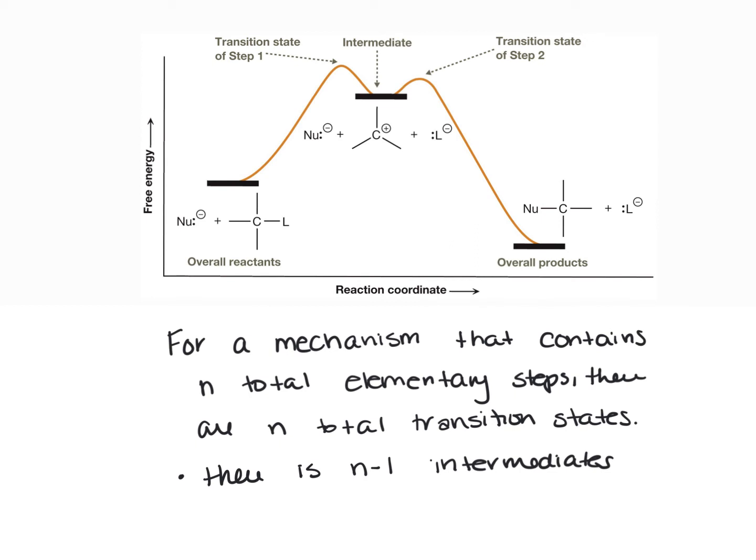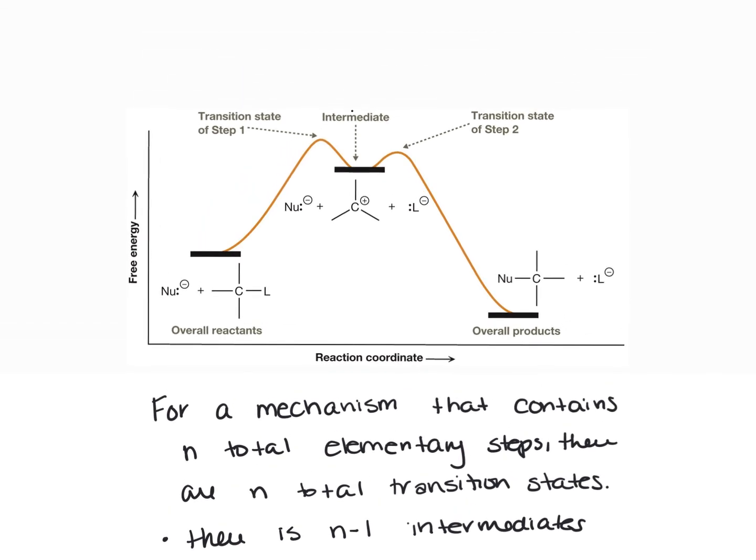Now, the free energy diagram for the SN1 reaction does show 2 noteworthy characteristics of the intermediate. I want you to notice the intermediate here is higher in energy. And higher in energy means it's less stable than either the overall reactants here or the overall products here.